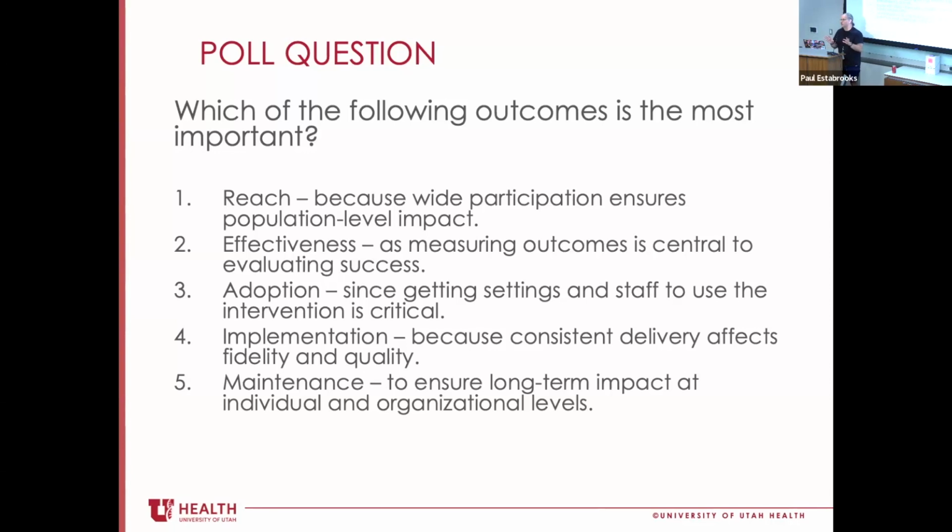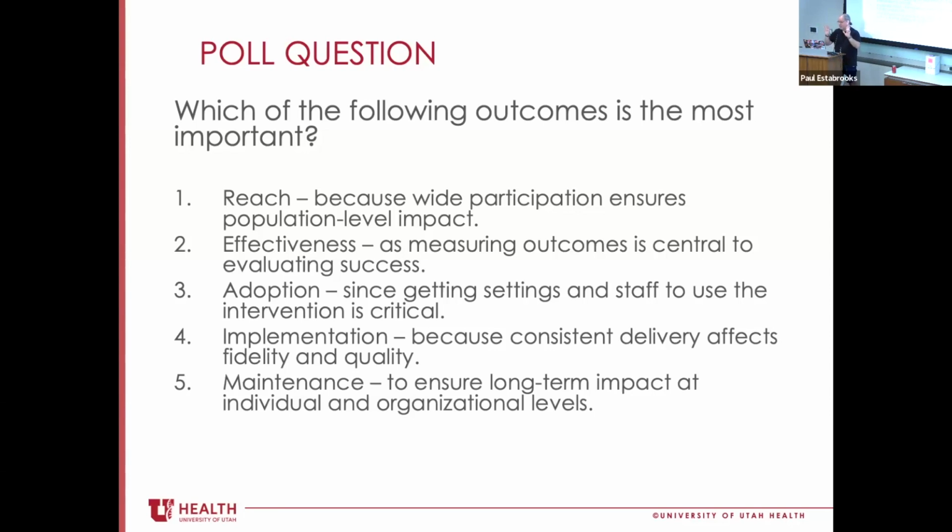So if I was just given a quick answer, I would say that whenever we do our training workshops around writing grants for dissemination implementation science, the first thing we tell people is if you can't defend that your evidence-based intervention is in fact effective, you're not really going to be very well reviewed.